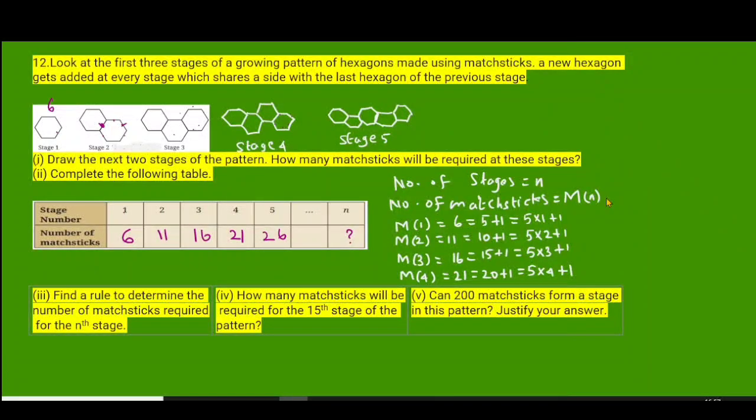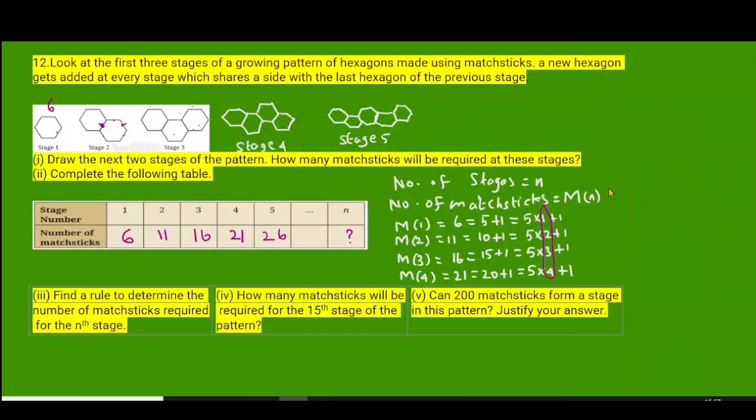Now, what is the constant number? 5 is constant and 1 is constant. What is the varying one? The stage is the varying one, so there you have to replace it with n. This is the number of stages. For first stage, second stage, third stage, the number of stages varies.